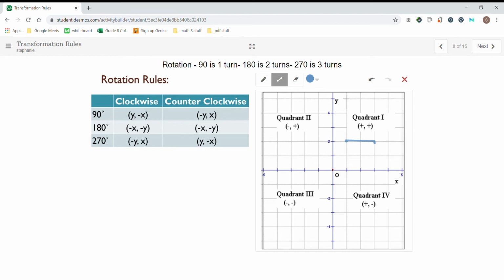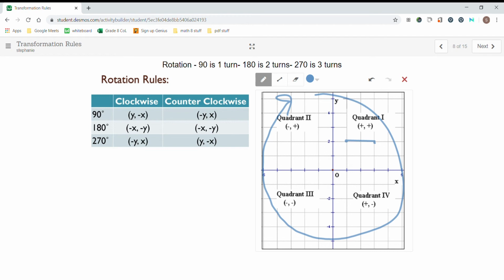So what happens if I look at 90 degrees? We're just going to focus on clockwise right now. If I look at 90 degrees clockwise, that means I'm going this way around my grid, okay? So it's saying that y and x are flipping spots.